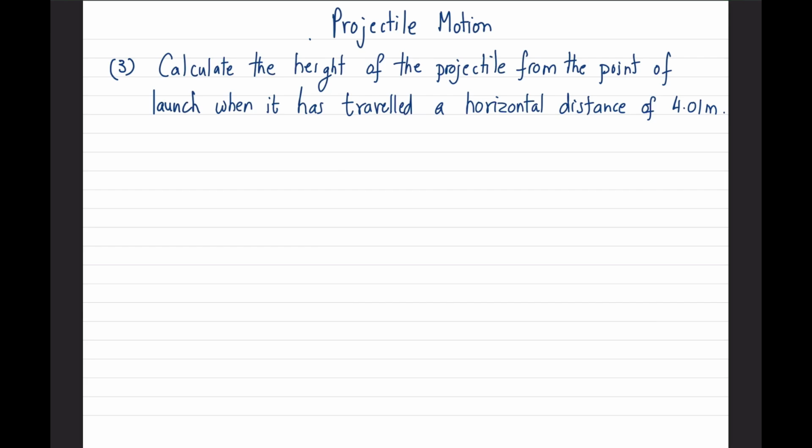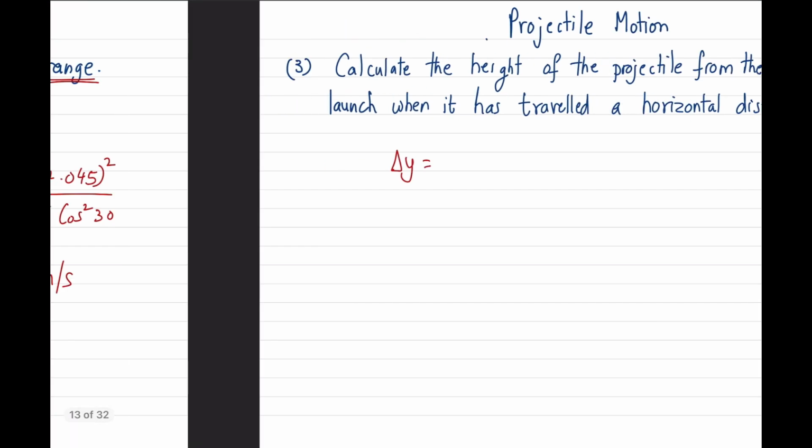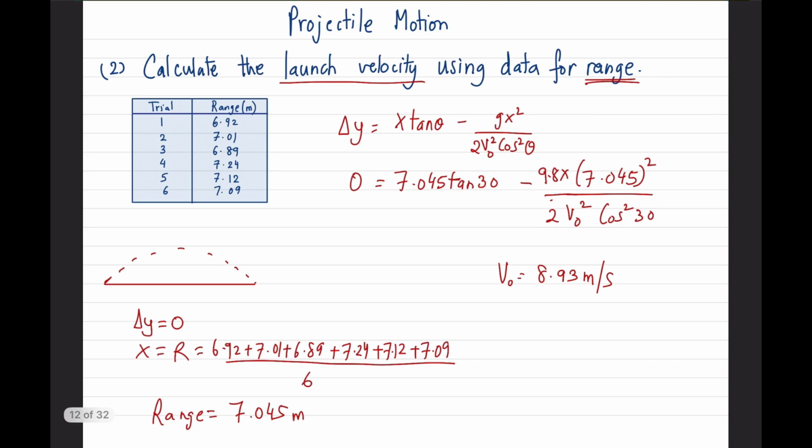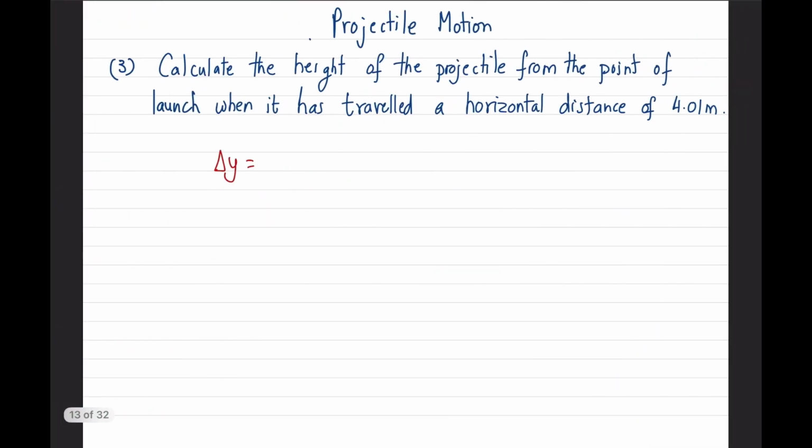For that, again, we will go back to the equation of delta y which we got from before. Delta y is equal to x tan theta minus gx square over 2v0 square cosine square theta. That's the equation which we got in the first part.